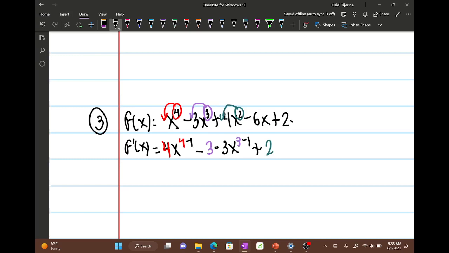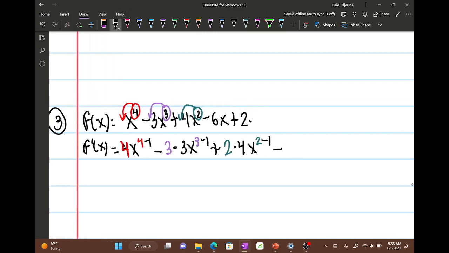And then plus, we have this 2, we're going to move that down, so 2 times 4x to the 2 minus 1. And the derivative of 6x is just 6, so minus 6.